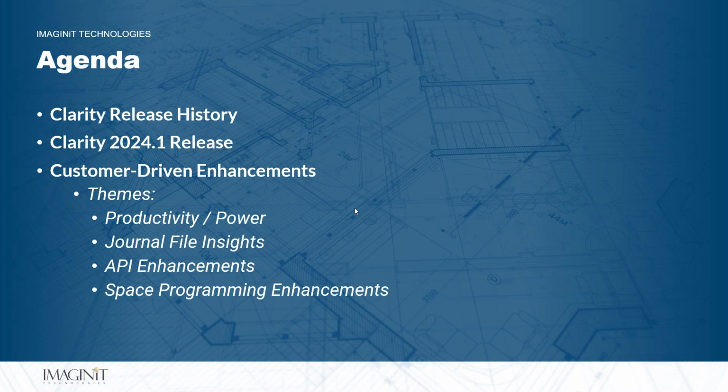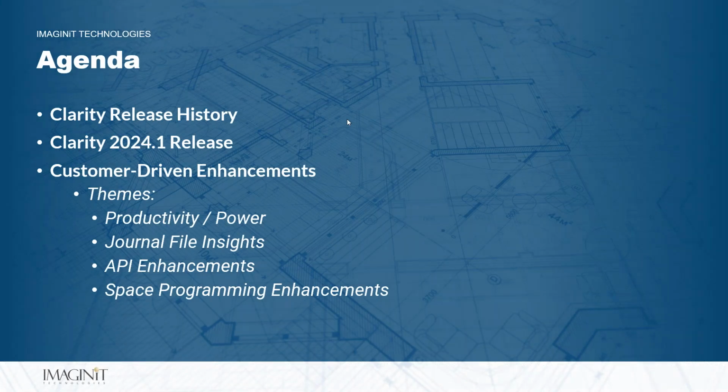As we look at our enhancements and fixes throughout this release process, we've identified the themes as productivity and power, starting to get insights out of your Revit journal files, as well as some API enhancements, some space programming enhancements, and then some enhancements that don't really fit into a clear category, but we'll also go through those and share what they are.